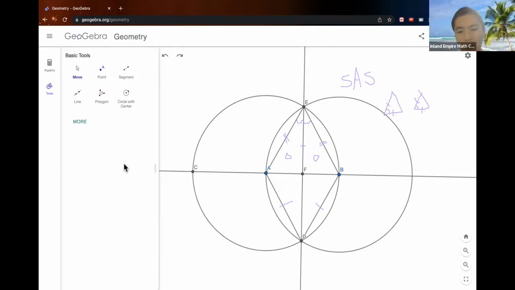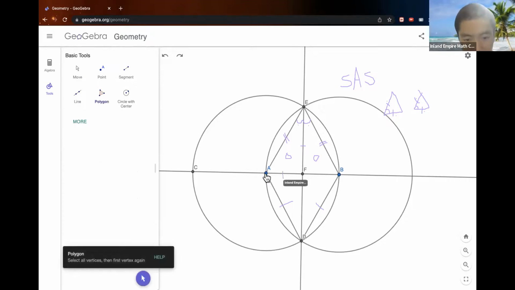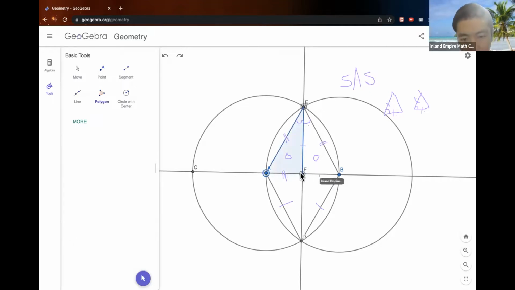All right, so as I was saying, with the SAS congruency theorem, we can deduce that AEF and FEB are congruent triangles, which means that AF is equal to FB. So it is a bisector of the line.